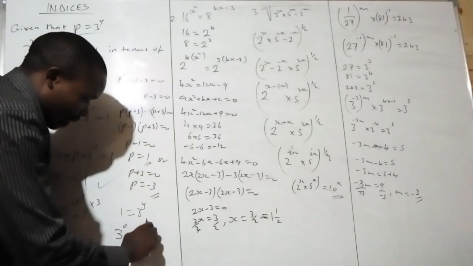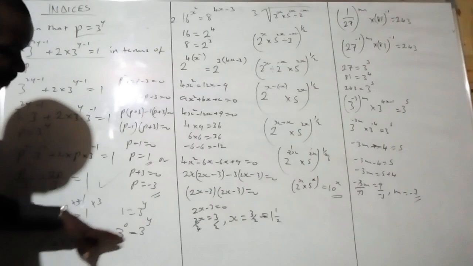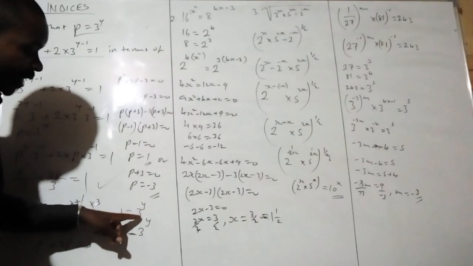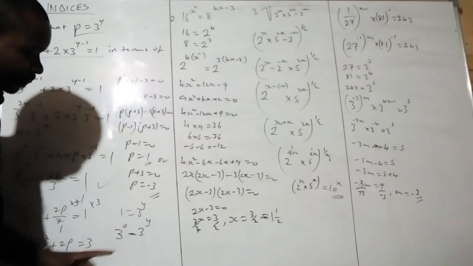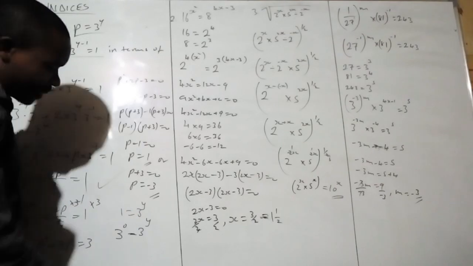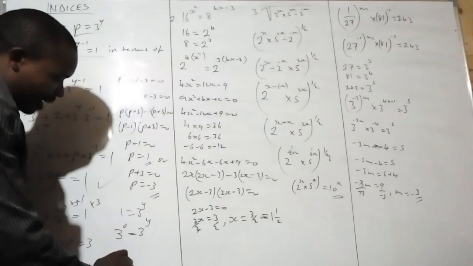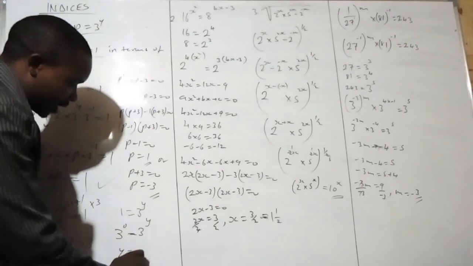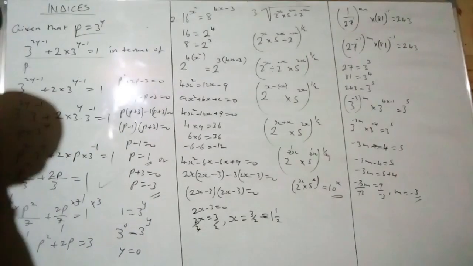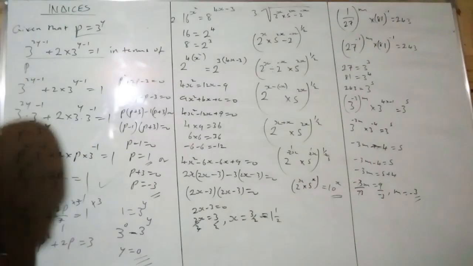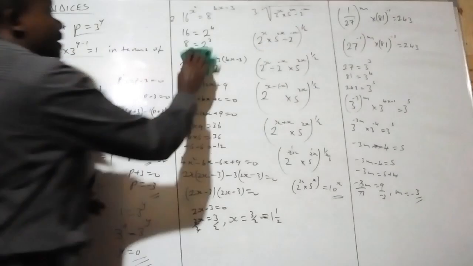To get this 3 on my left hand side, I have been guided by this 3 raised to power y. That being the case, I'm going to drop the base and equate the powers. Y will be 0. That is the correct answer for that part. Let's proceed to next.